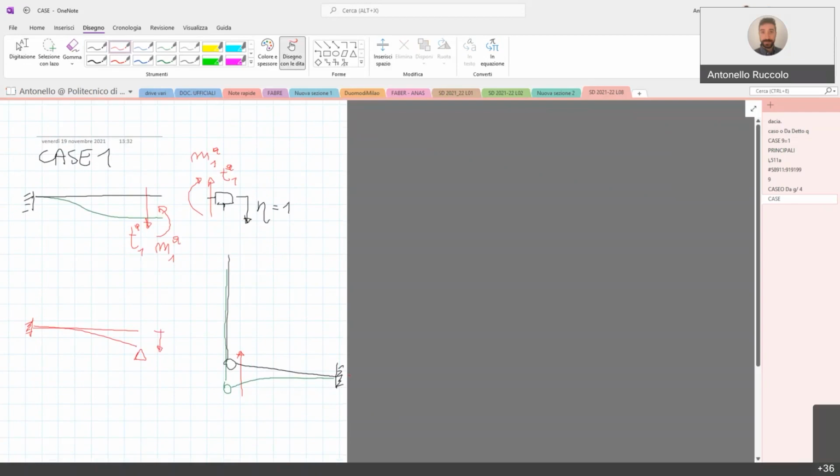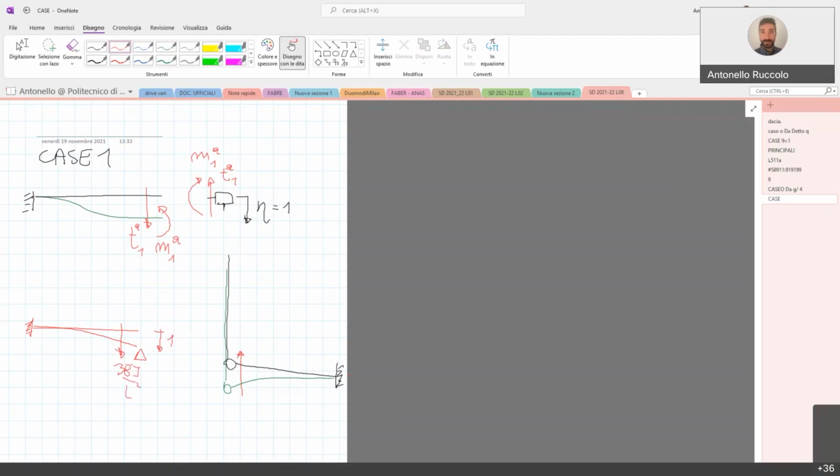This is the case, and so we know the shear force that is applied on the beam, and so the reaction of the beam, which is 3 iota over L to the power of 2.